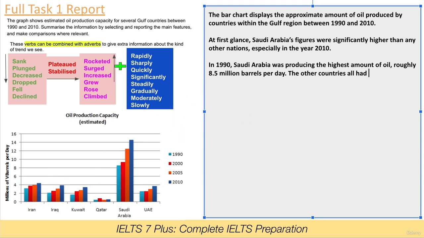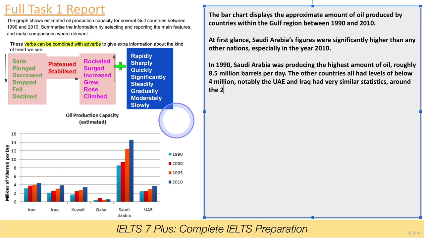All had levels of below 4 million. Notably, the UAE and Iraq had very similar statistics, around the 2 million mark.